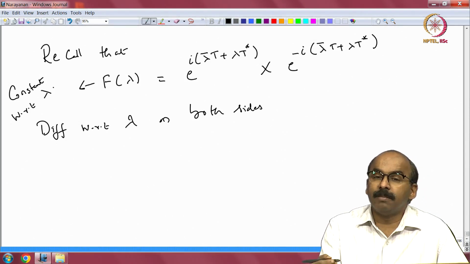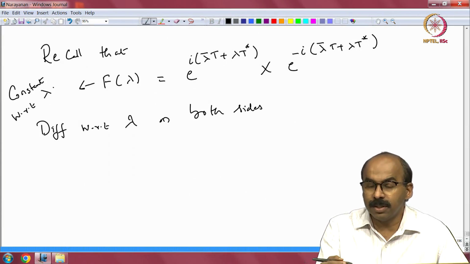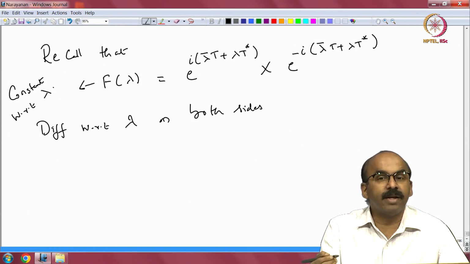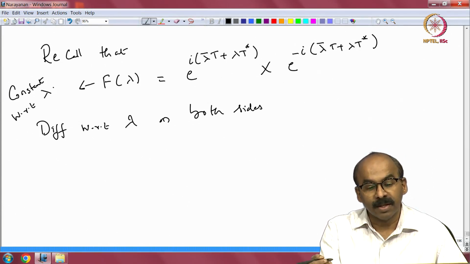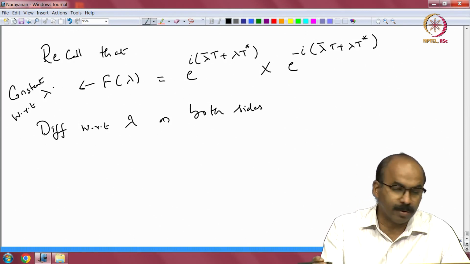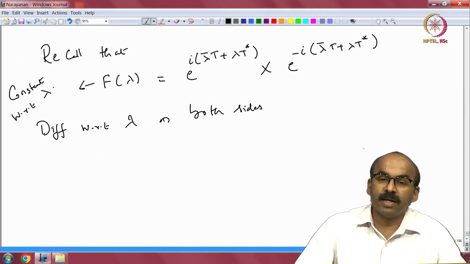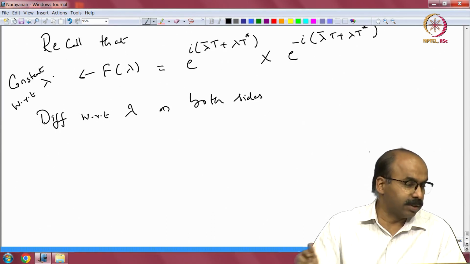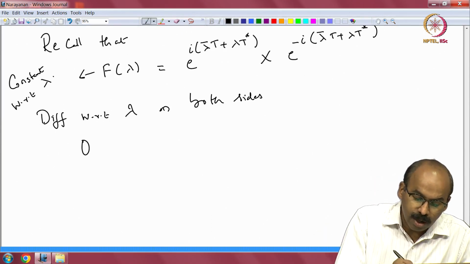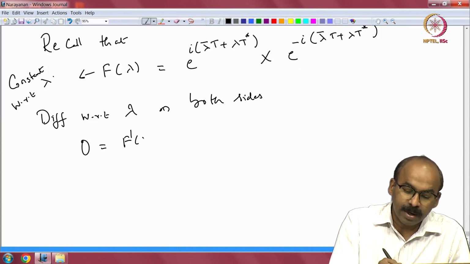Also remember there is some lambda bar, but we are taking the derivative with respect to lambda. So, this is the usual holomorphic derivative of the holomorphic function f lambda, so lambda bar will not give you anything. It is like if you differentiate with respect to z, that is the holomorphic derivative, z bar differentiated will give you 0. So, f prime lambda is 0.